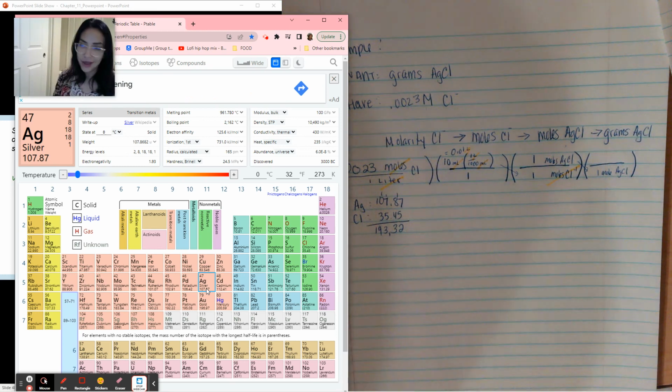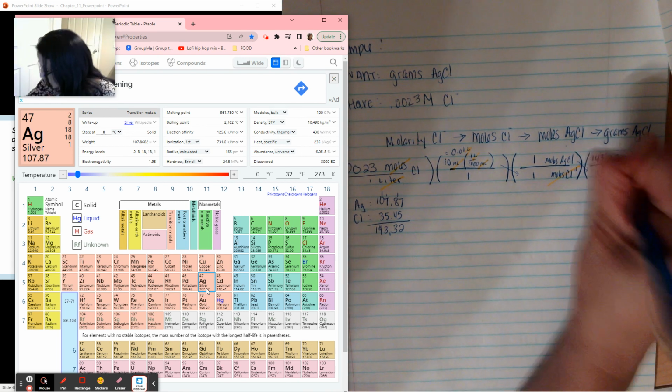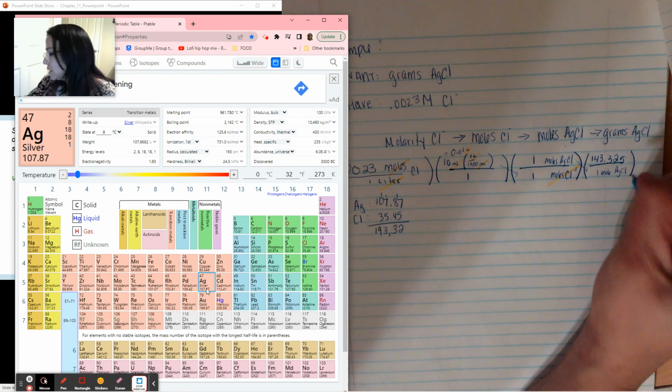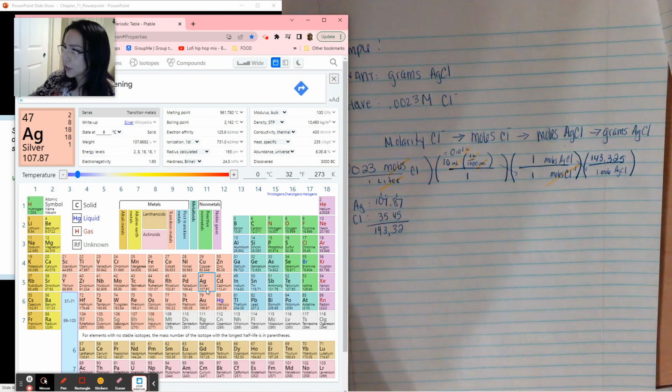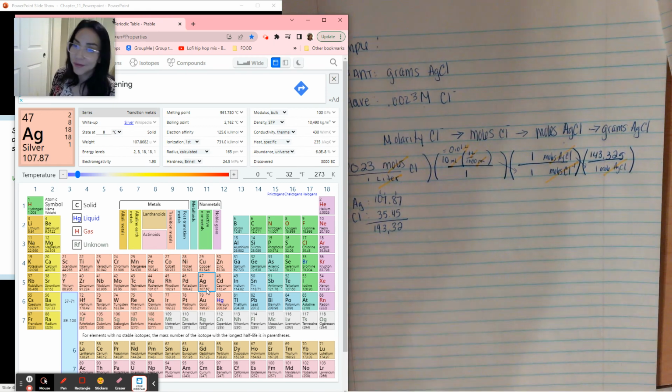You know what? I don't trust my math. Ever since all that brain fog happening and whatnot, I do not trust my mathematics. So let me put in a fancy dancy calculator. I got 143.32. Okay, good. I did well. 143.32 grams of silver chloride. So now this mole can cancel out with that mole.